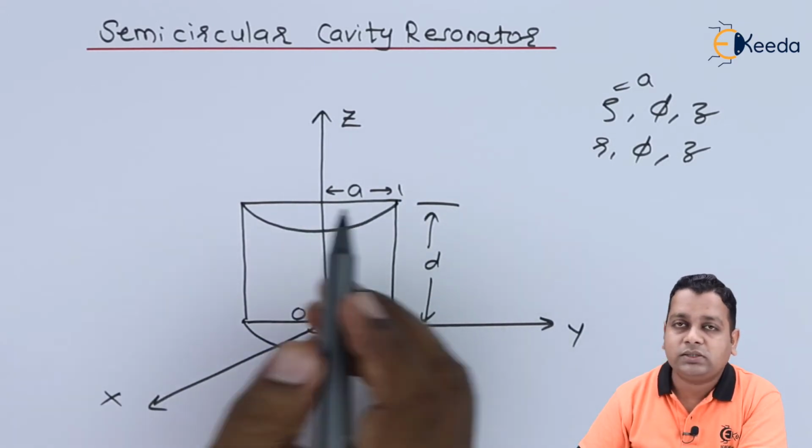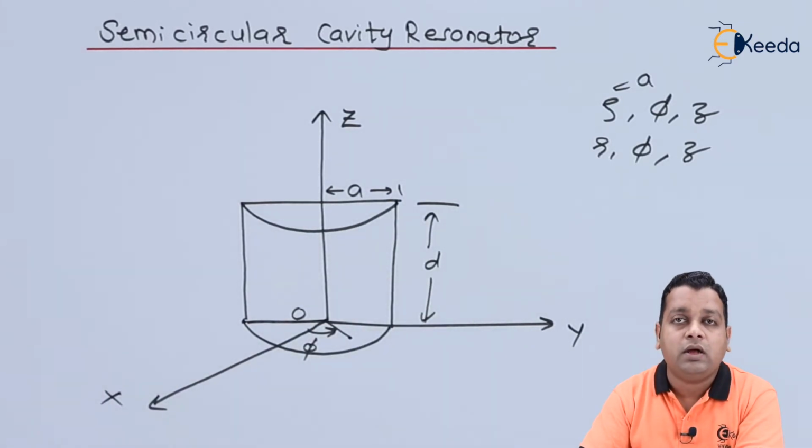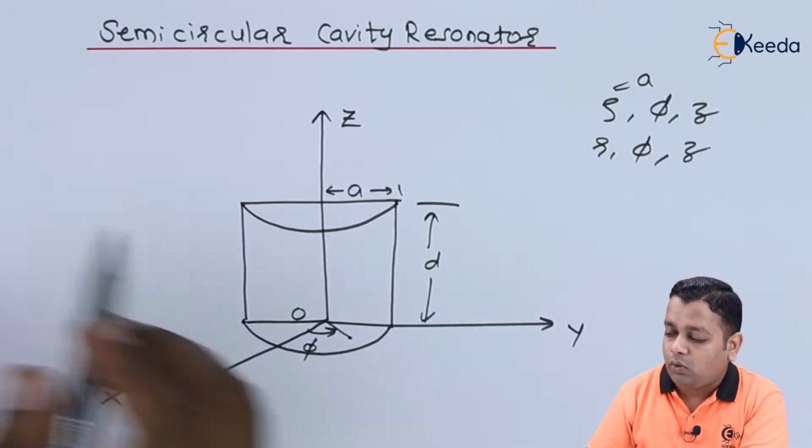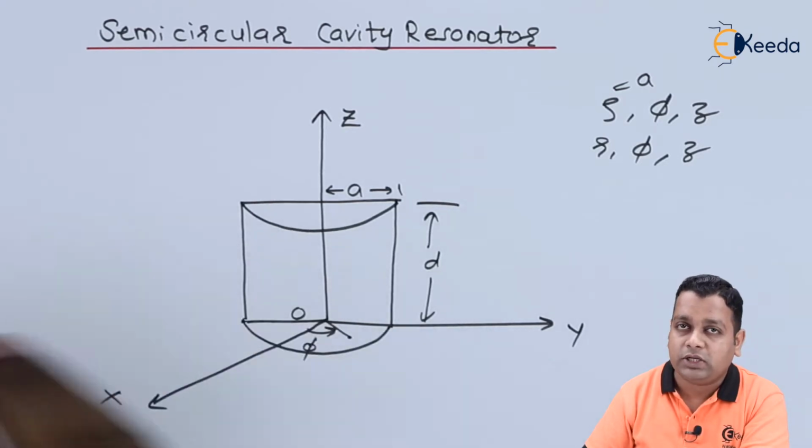There can be excitation of modes corresponding to the transverse electric and transverse magnetic modes of microwave propagation inside the hollow cavity of this resonator. Either the electric or the magnetic fields inside the cavity have to satisfy Maxwell's equations as well as the wave equations.